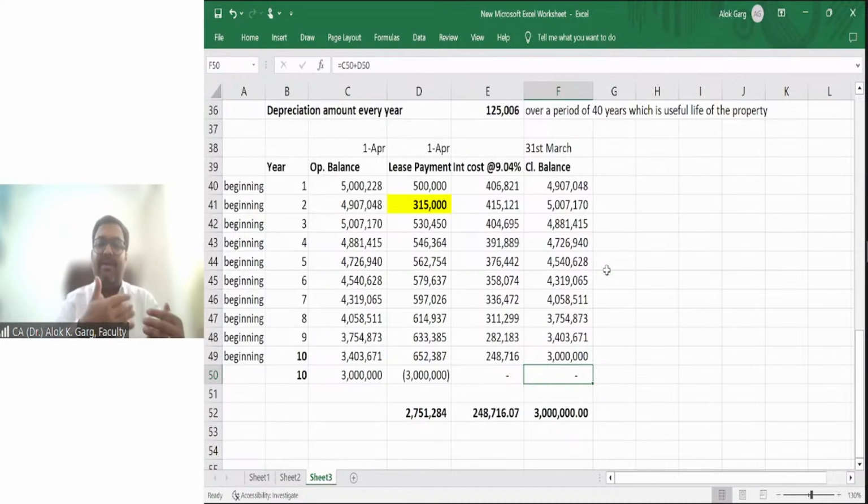And how this interest cost has to be charged on lease liability, and what is the accounting entry for payment of lease liability. This is what we have discussed today.